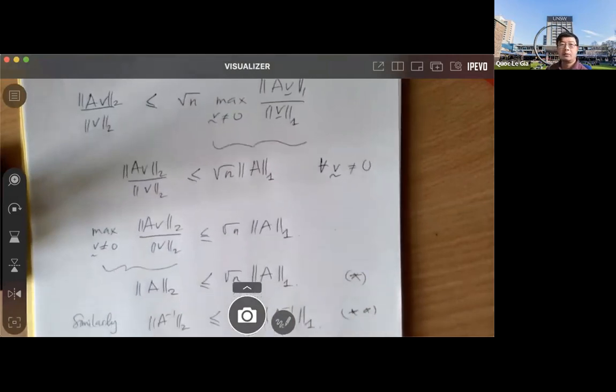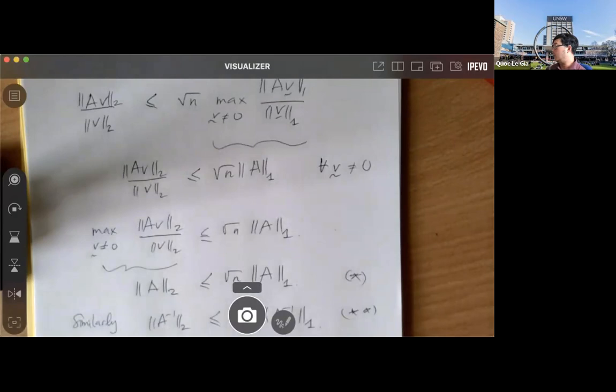Somebody can say, why don't you take the max of the left and the right hand side at the same time? Well, you can do that, but it's a bit sloppy, because when you take the max, the maximum can be obtained from different vectors. So we are careful to take the max on the right hand side first, then on the left hand side.